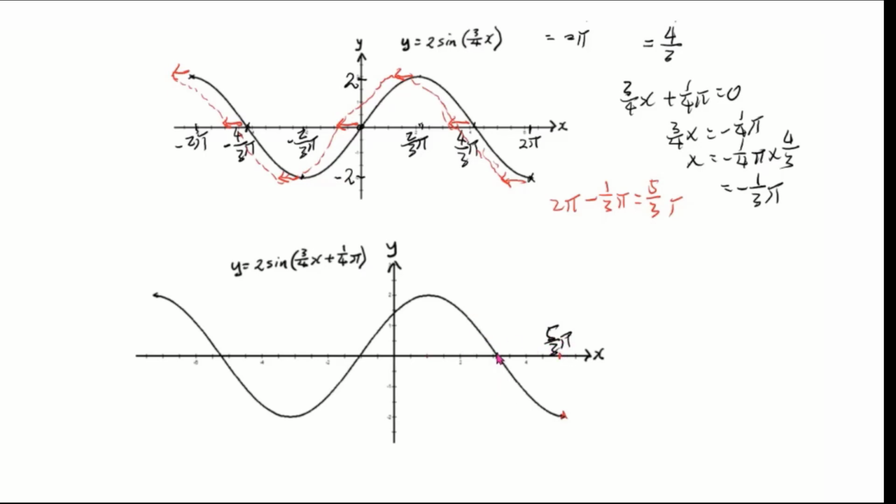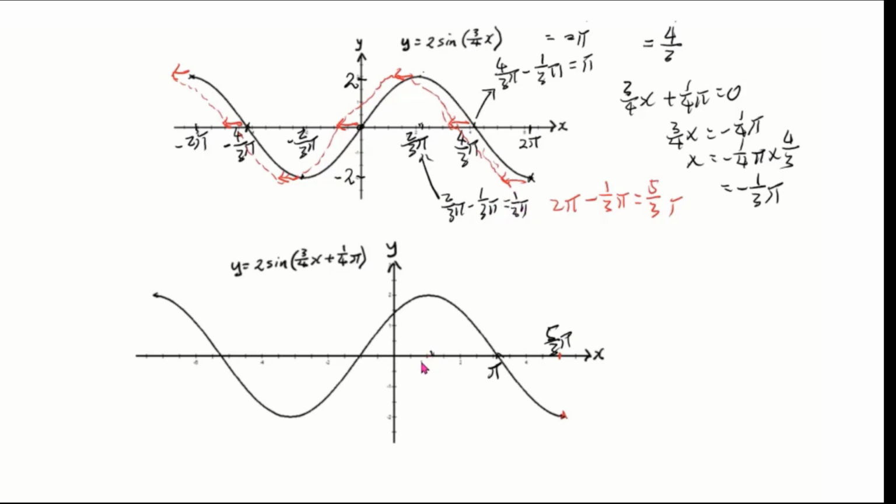Then we go to this point. Before the translation it is 4 over 3 pi. After translation we minus 1 over 3 pi, so the new value is equal to pi. So we label here pi. Then for this value, before translation it is 2 over 3 pi. After translation, we minus 1 over 3 pi, so it is 1 over 3 pi.